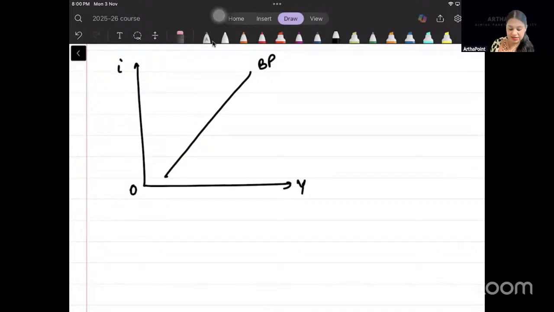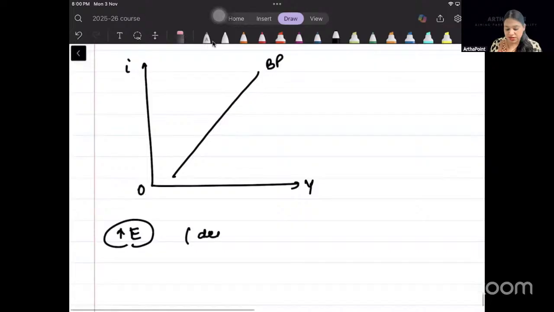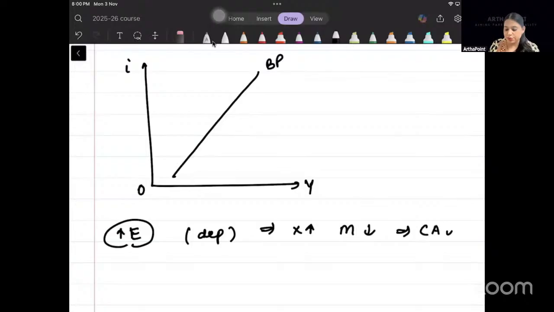Let's say there is an increase in the exchange rate for some reason, which means there is depreciation of my currency. When there is depreciation of the currency, I know exports will increase, imports will decrease, and the current account balance will improve. So the current account deficit will decrease.